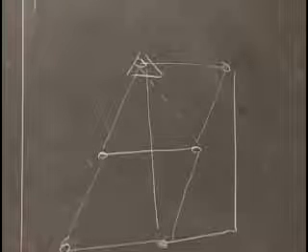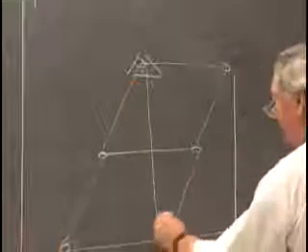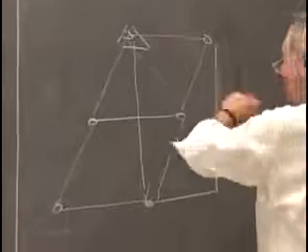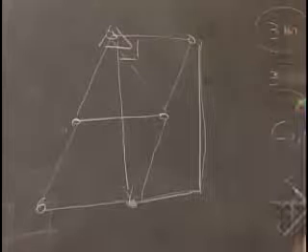Okay? Take 2T1 plus T2 as one edge of the cell and leave the other one as T2, and we have defined a cell where that is identically a 90-degree angle.